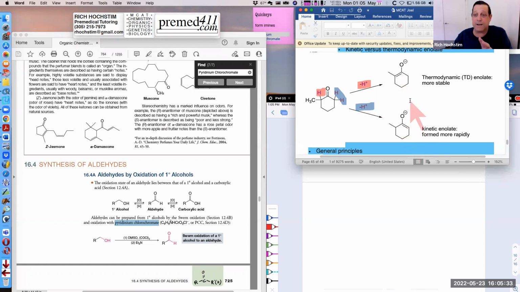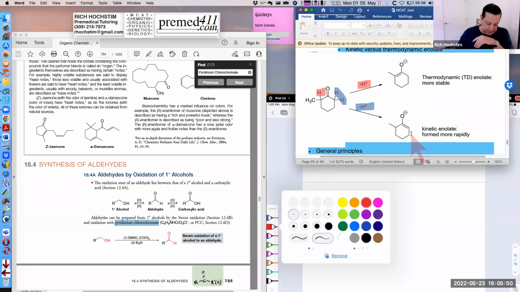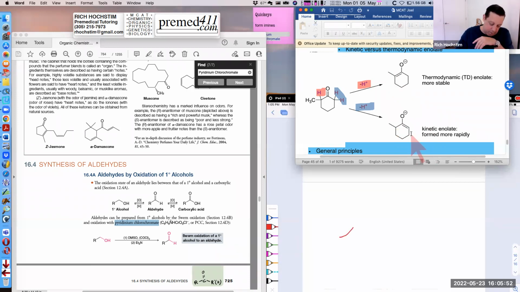When I say more stable, what I mean is one, two, three, this is tri-substituted with carbons, and then this is di-substituted. So what happens is this. I changed the color on this, but in the first case, we're going way up to a very large transition state, and that's because of the steric factor here. But then, because this is tri-substituted, we're going to go down to a lower value over here.